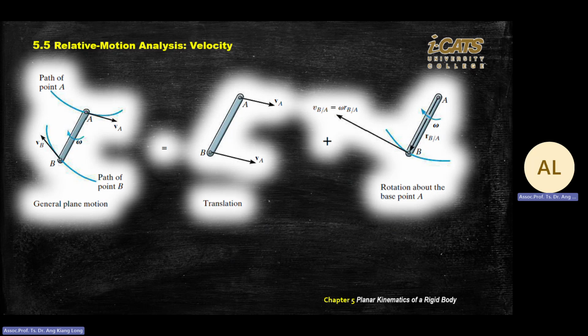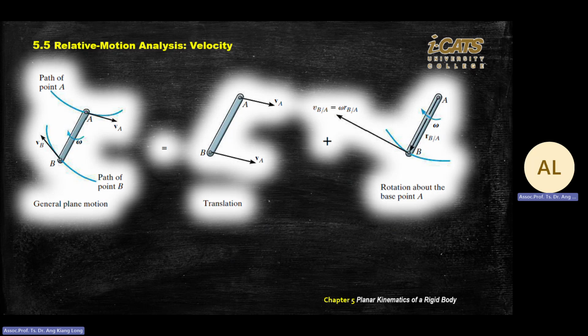So VA will be the same as VB. Now, if you move in translation, there's no rotation. Omega is 0 in the translation motion. Okay, so you have omega in the rotation part.